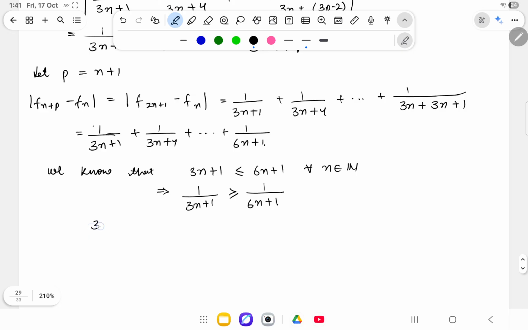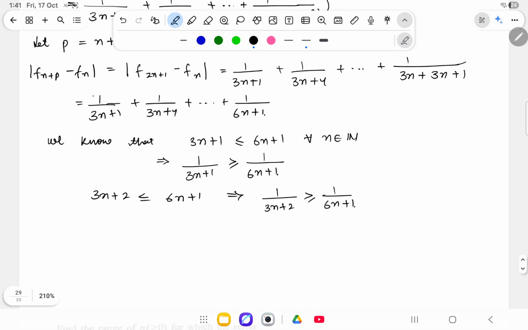Likewise, we'll get 1 by 3n plus 2 less than or equal to 6n plus 1. And from here we'll get that 1 by 3n plus 2 is also greater than 1 by 6n plus 1. And likewise we can do this for the other terms as well.